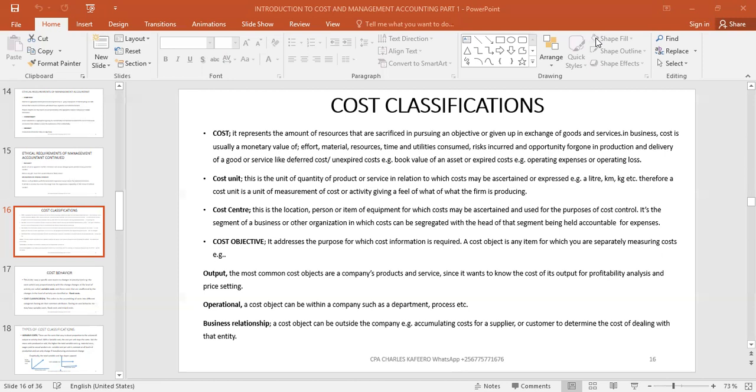So these costs we accumulate to determine how much we've incurred in the production or delivering those services. This is the location, person, or item of equipment for which costs may be ascertained and used for the purpose of cost control.